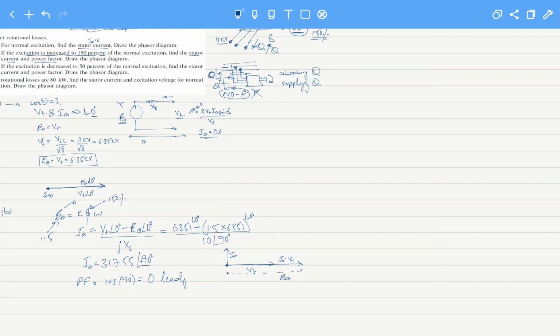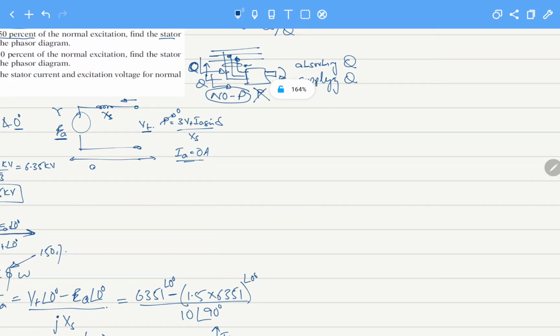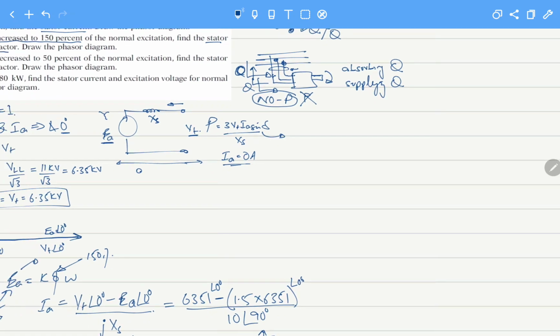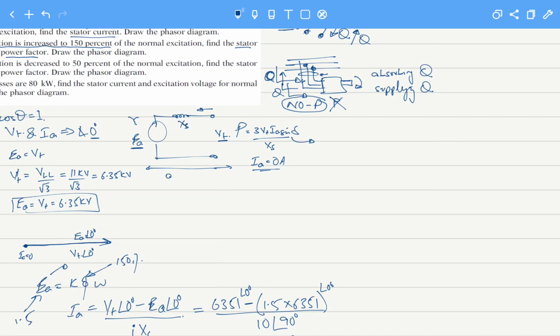Now there can be one question that can cause confusion: why is a current flowing when real power is 0? The real power can be 0 when the sine of this angle value is zero. This is happening because in normal excitation Ea and Vt are equal.